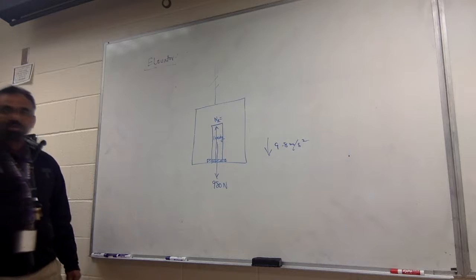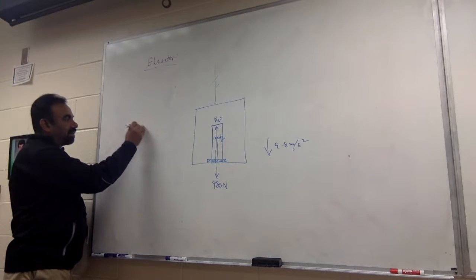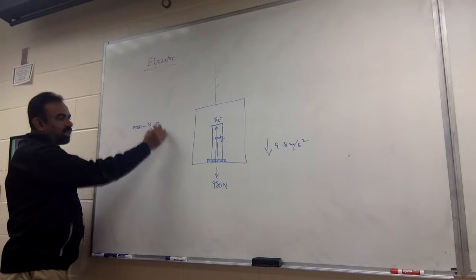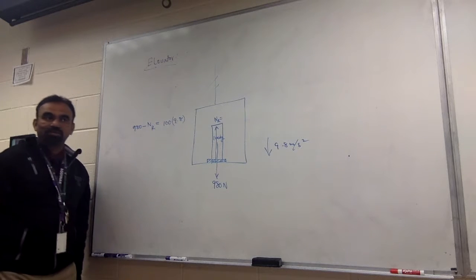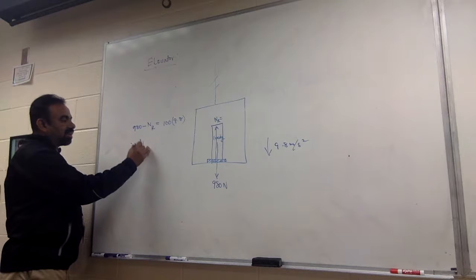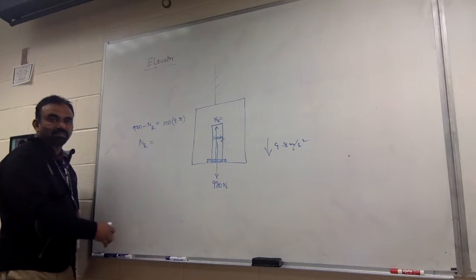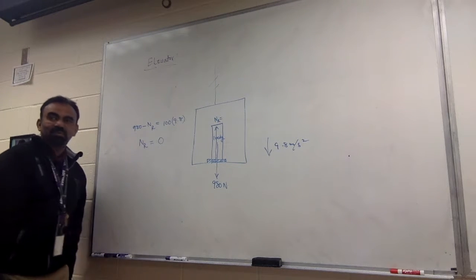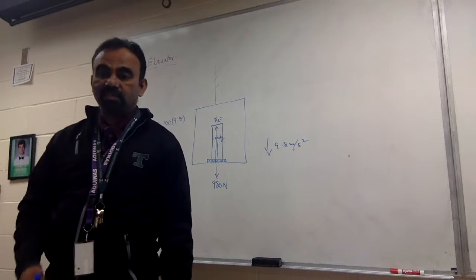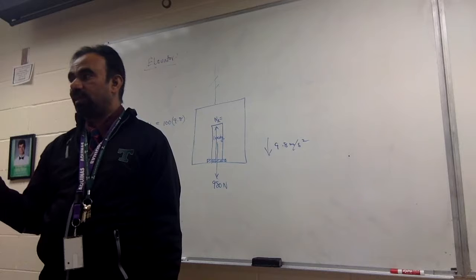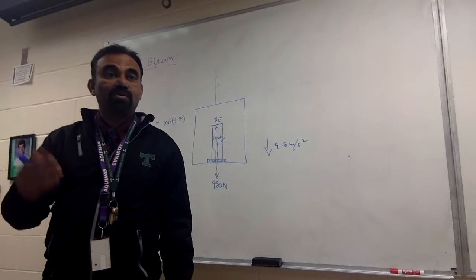Now how do you set up the equation again? 980 minus NR is equal to 100 times the acceleration. So what is NR equal to? 0. What does that mean? That means the floor of the elevator is not making contact with you at all.